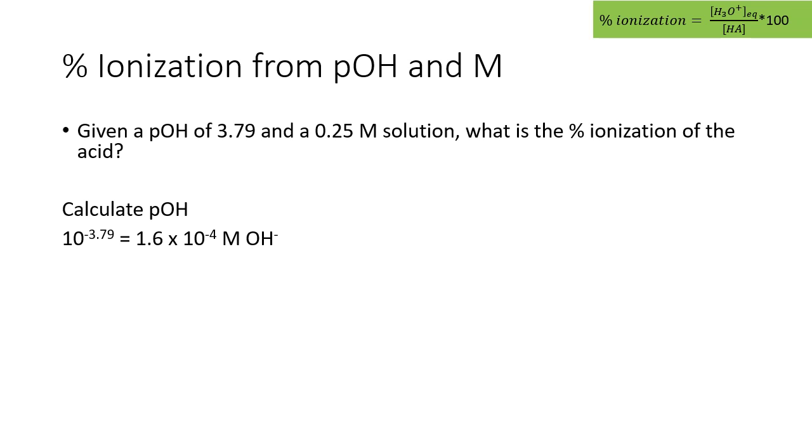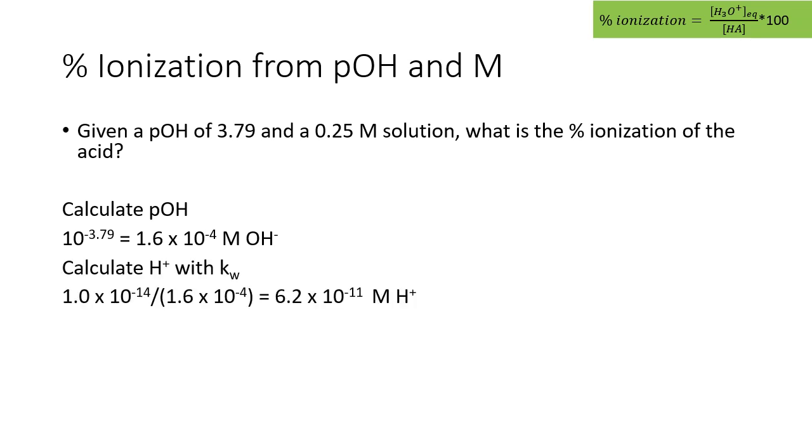Now I use my Kw equation in order to get back to my H plus concentration. So when I take 1 times 10 to the negative 14th divided by 1.6 times 10 to the negative 4th, I find that my H plus concentration is 6.2 times 10 to the negative 11th, which is pretty tiny. Although we measured it in pOH, so maybe this was a base to begin with. Anyway, onward we go.